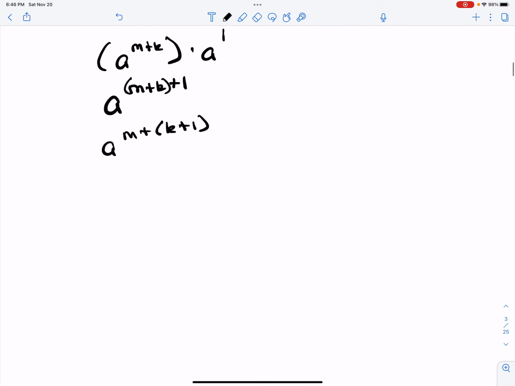So we can then conclude that S sub k implies S sub k plus 1.